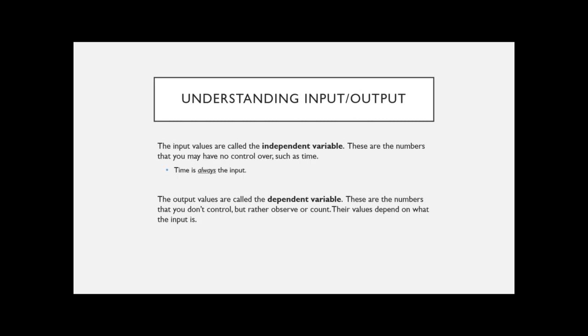If you're looking at stock prices or revenue, there's some aspect of control, but it's more of an outcome for that year. So that's the dependent variable, and its values depend on your input. They change based off of your input, so there's a relationship there. That's why it's called dependent, because its value depends on the input.